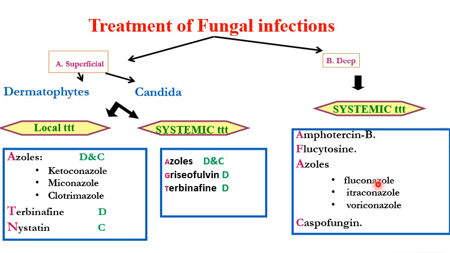Fluconazole is safe for systemic use, so it can be used systemically, either in deep fungal infection or for superficial fungal infection. It can reach the systemic circulation and different organs. While ketoconazole is very toxic, not used systemically, so it is only used topically in superficial fungal infection.